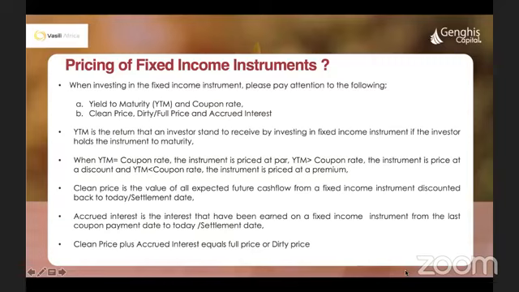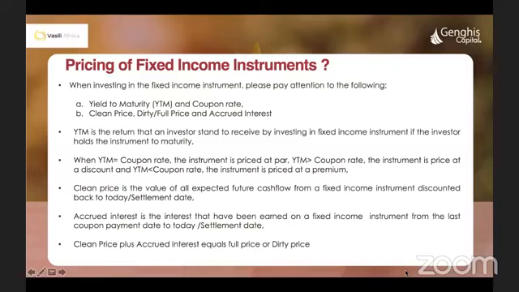When such a scenario occurs, we are saying this bond is priced at par, which means if the par value for the bond is 100 shillings, I'm simply buying 100 shillings for 100 shillings. What I will get as a return is the coupon interest, which is now equal to the yield to maturity. So if you hold a bond that you bought at par to maturity, the return that you stand to get is simply the coupon rate, which will be equal to the yield to maturity for that instrument.